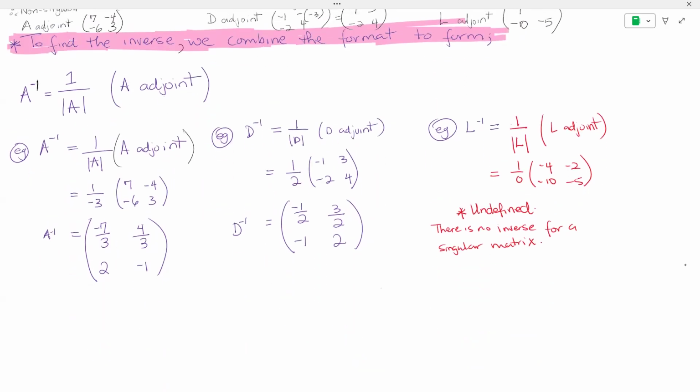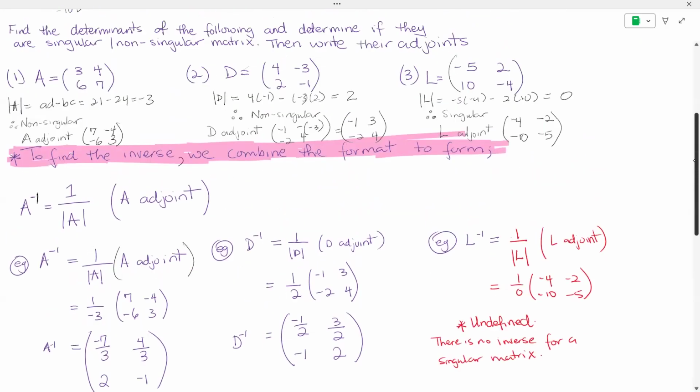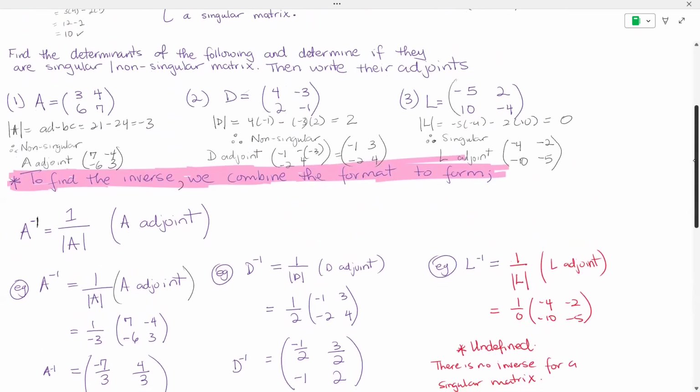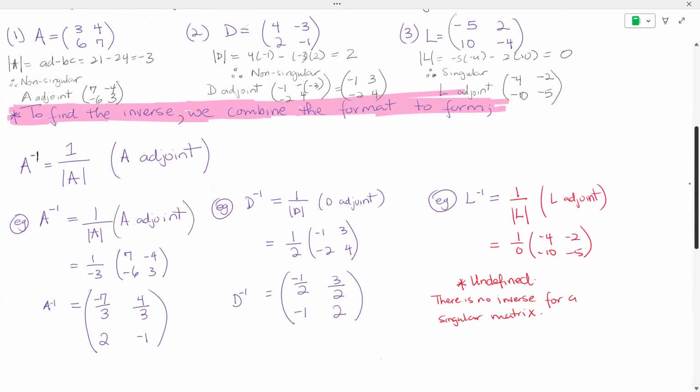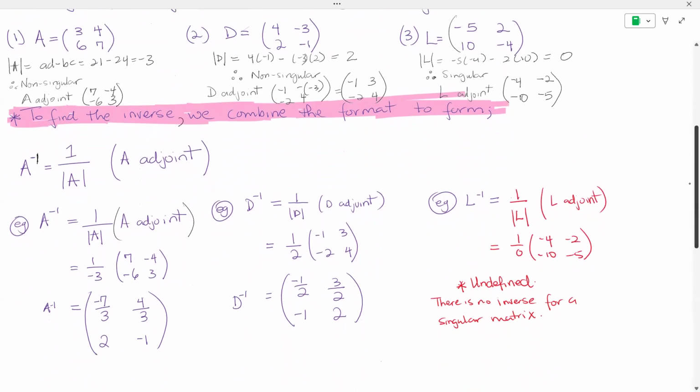So we remember what the determinant of A was? -3, right? So it's just going to be 1 over -3, by A adjoint, which was 7, -4, -6, 3. So remember, scalar multiplication is just taking each term and multiplying it by the number on the inside.